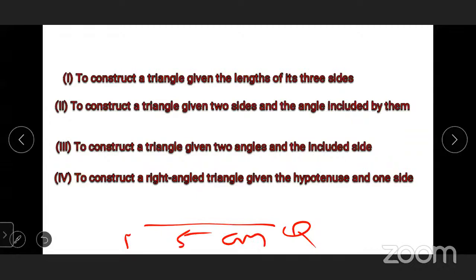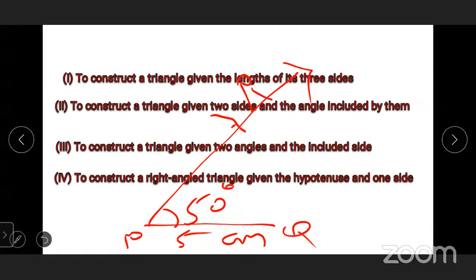After that, with the help of the protractor, make an angle and write the measurement of the angle. After that, for the length of the line PR, take that distance in the compass, put the metallic point on the point P and make one arc which intersects the first arm of the angle.